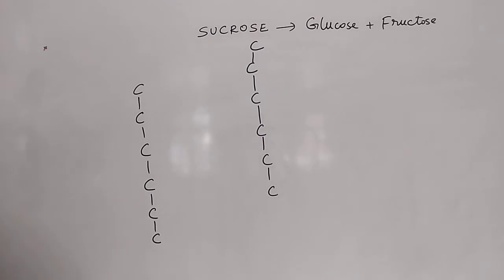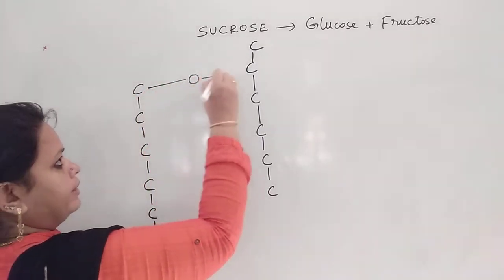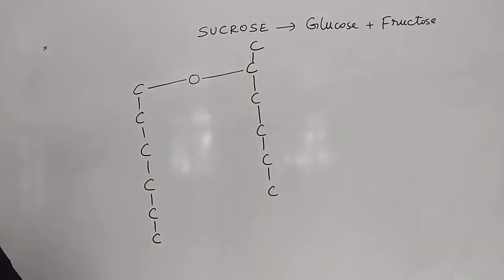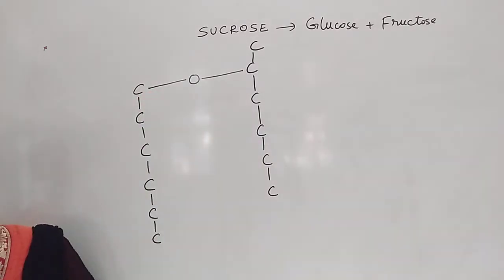So here the bond will be between the first carbon atom of the glucose and the second carbon atom of the fructose, and they are directly linked. Okay, we can say that there is a direct bond between the first carbon atom of glucose and the second carbon atom of the fructose.